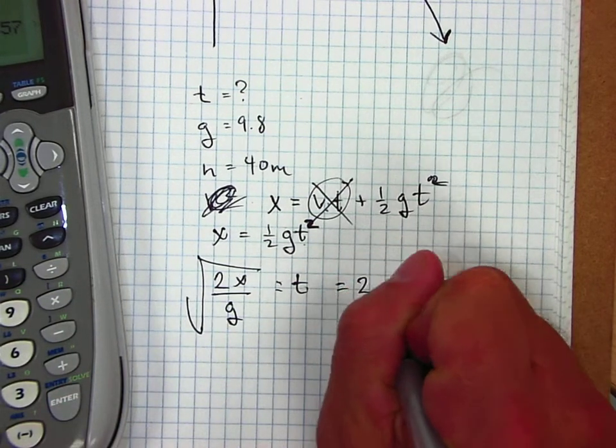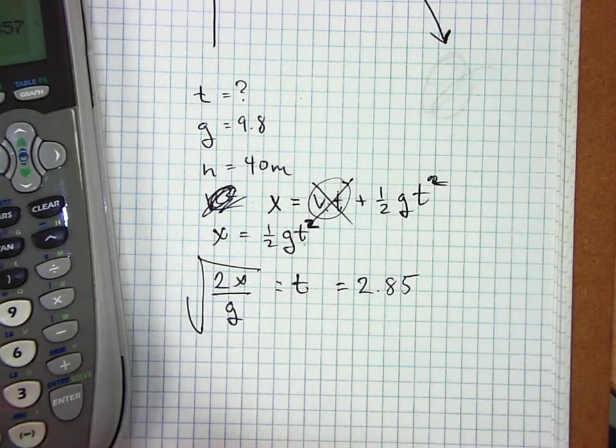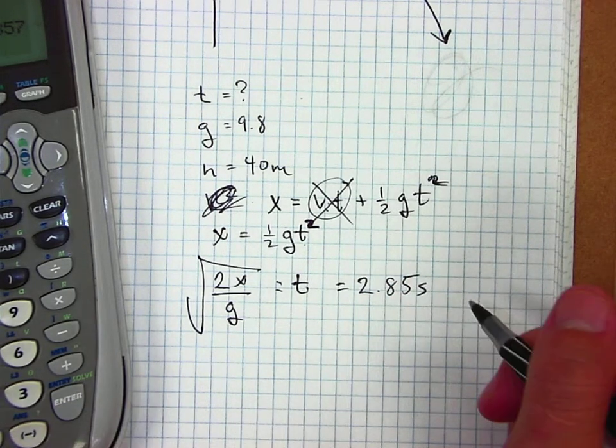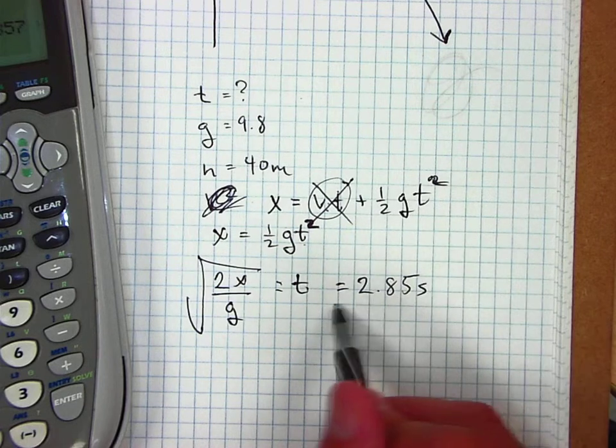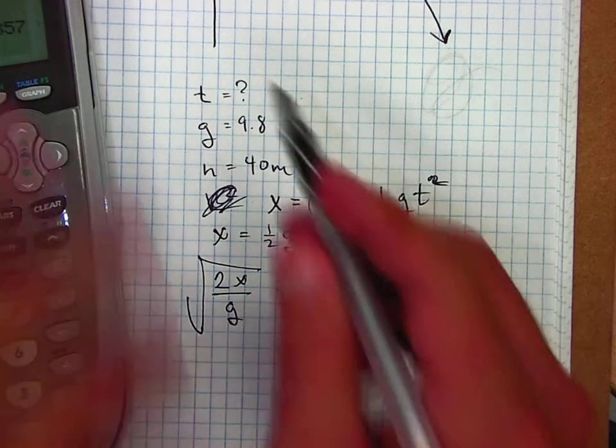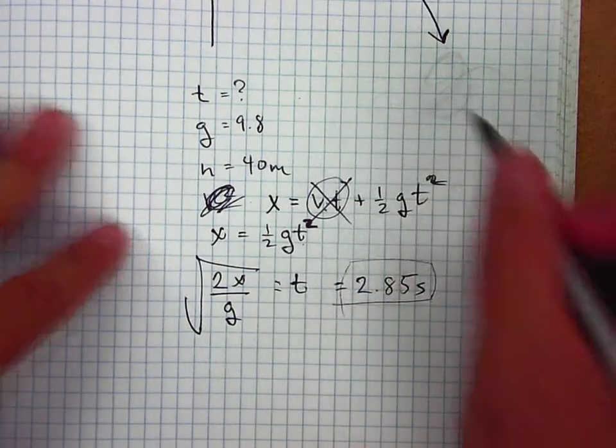It's going to fall for 2.85 seconds. So falling for 2.85 seconds, this is the easy part now.